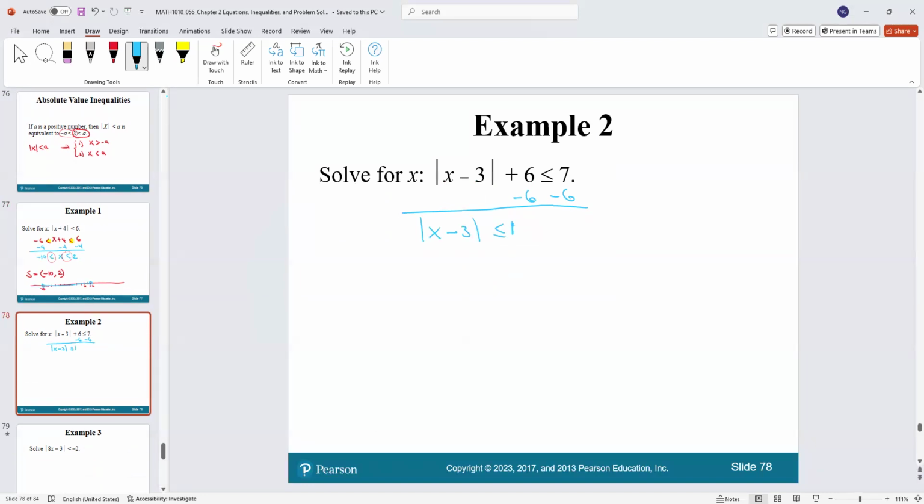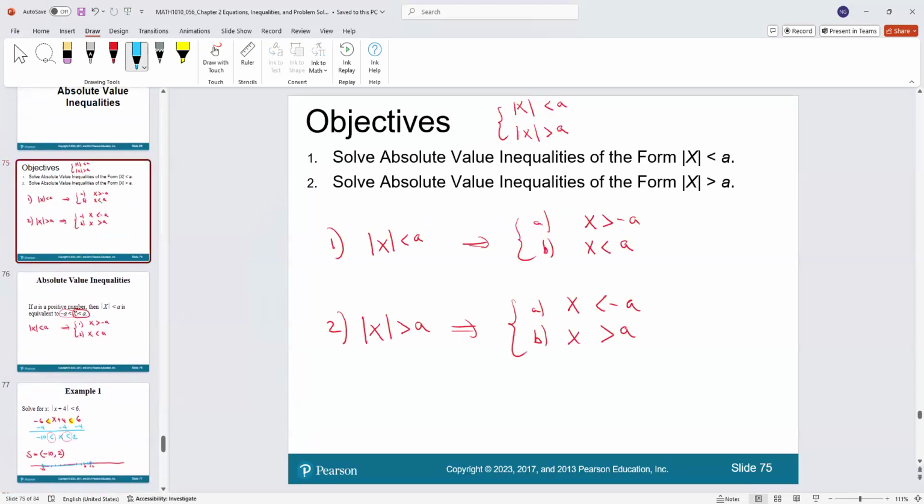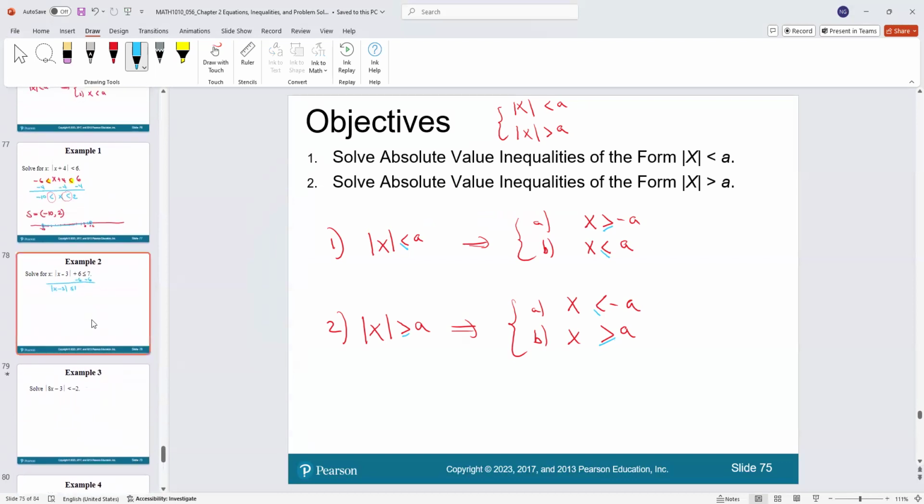Whether it's strictly less than or less than or equal to, these properties are the same. It doesn't matter, we can still use the same approach.